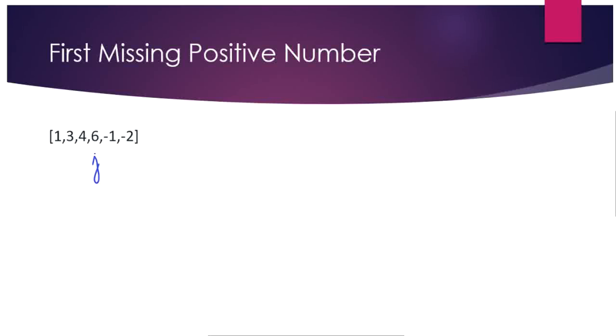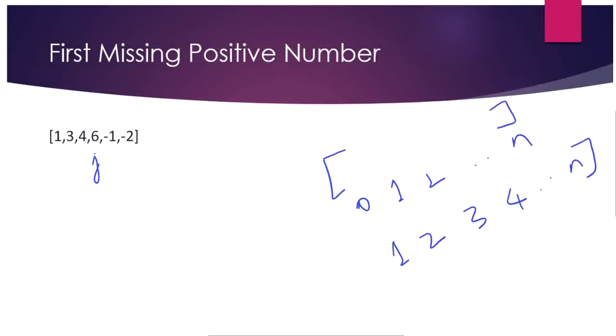So now we are going to use this logic: an array is represented by the indices 0, 1, 2 till n. The same way, the positive numbers will start from 1, 2, 3, 4 till n. So in this case, we are going to update the value at each index to a negative number every time.